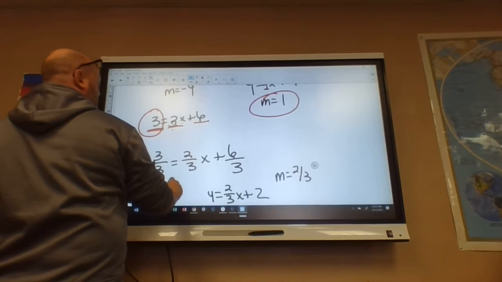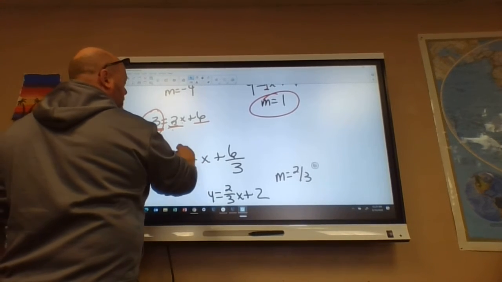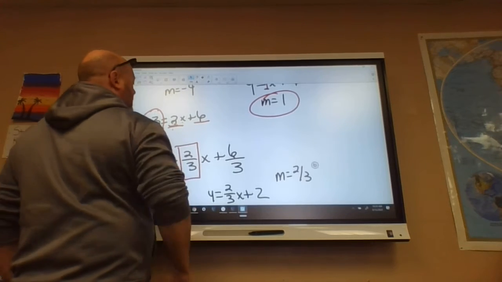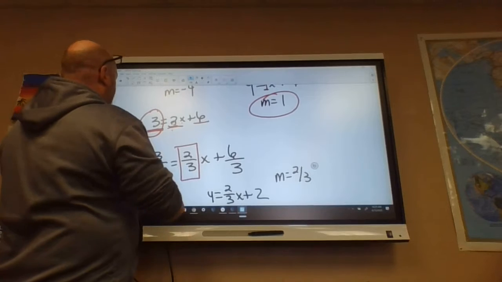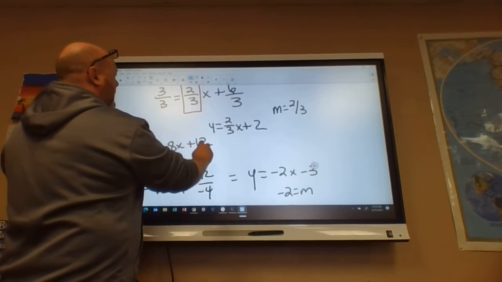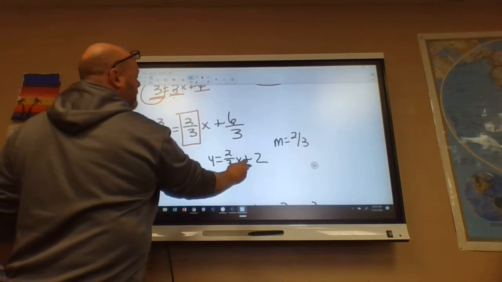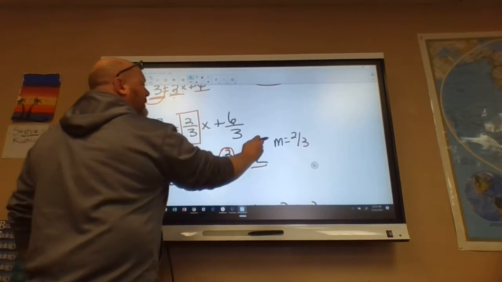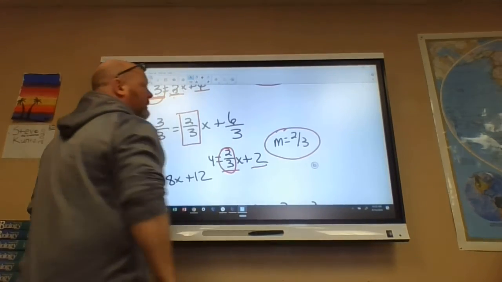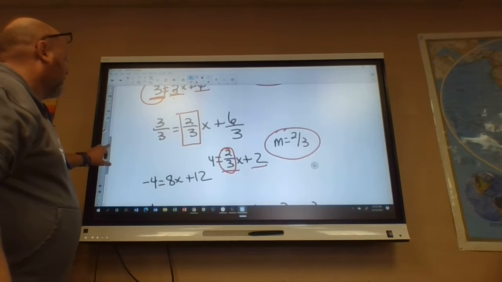So 3 divided by 3 is 1. 2 over 3 is x, and 6 over 3. You can keep it in the fraction form. You don't have to reduce it if you don't want to. So after I divide this by 3, I have y equals 2/3 x plus 2. So I find the number that's in front of the x, and that's my slope. Therefore, 2/3 is my slope.